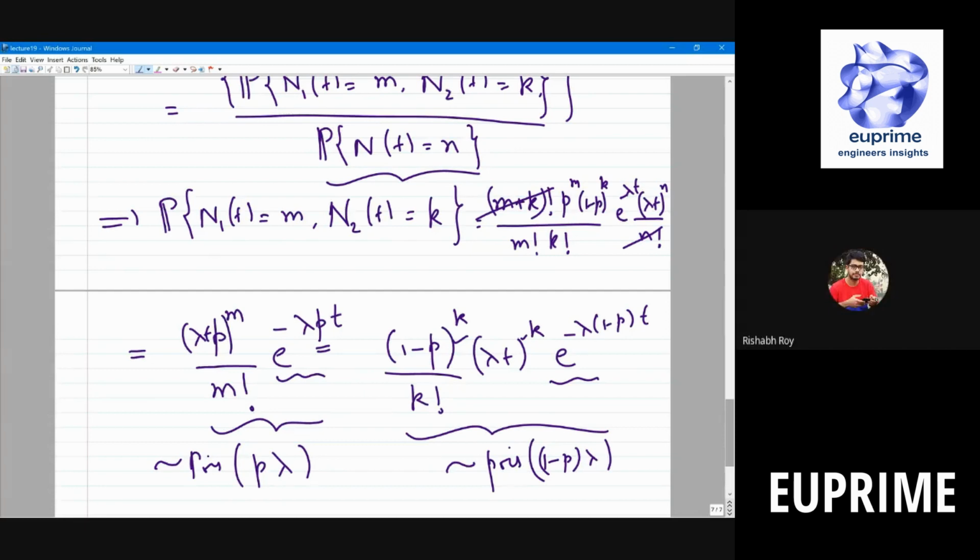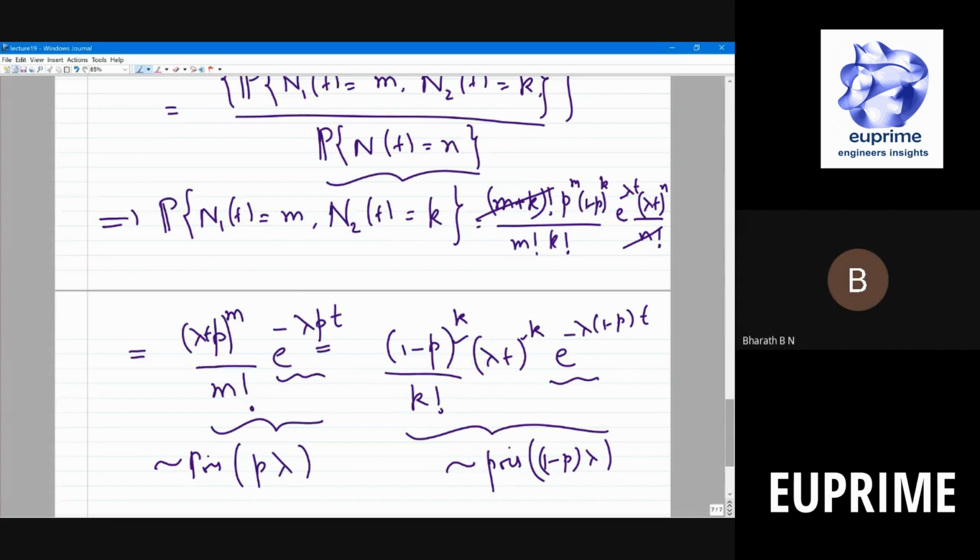Sir, Poisson was a continuous process, right? Yes. And then we bring the notion of tossing a coin, so is the output discretized? The number of packets is always discrete.